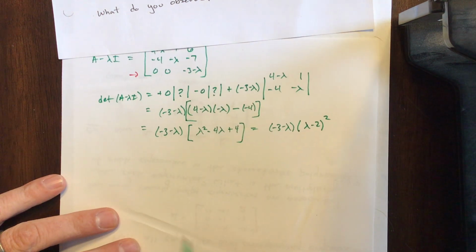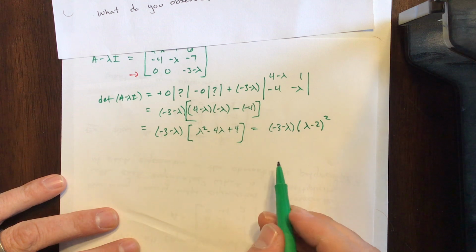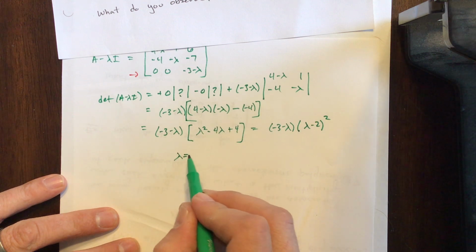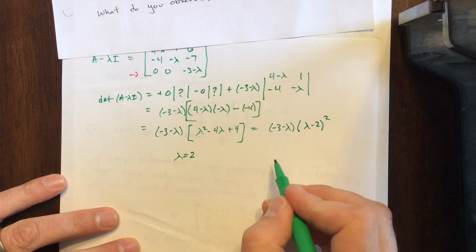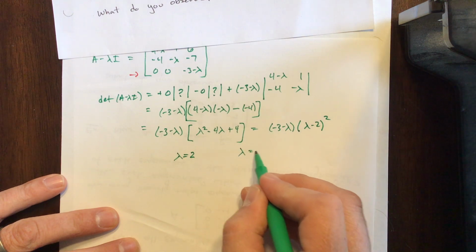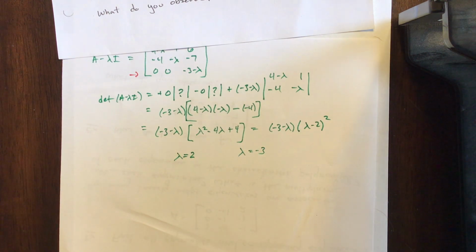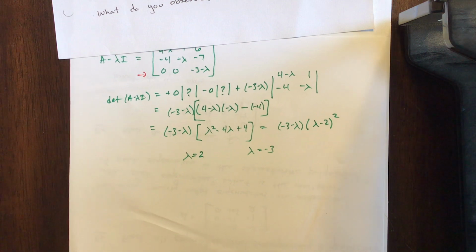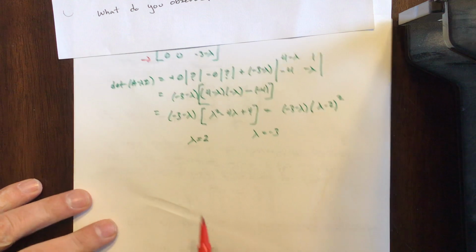So you see here, when you set this equal to 0 and solve, you get lambda equals 2 as an eigenvalue and lambda equals -3. So let's take a look at their corresponding eigenvectors.